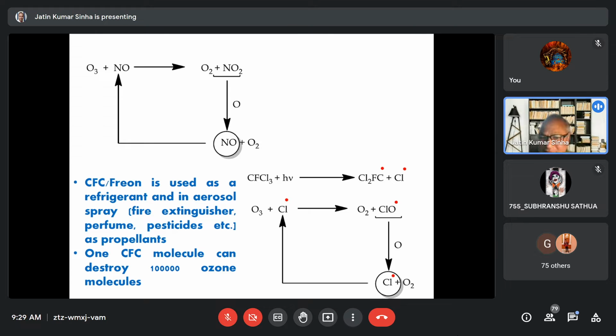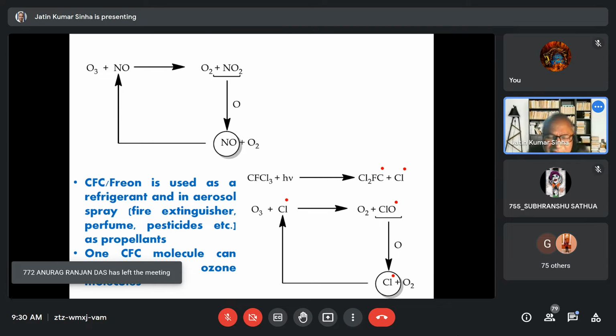Being a cyclic reaction, one molecule would be responsible for the consumption of many O3 molecules. If you compare, one CFC or chlorofluorocarbon molecule can destroy about 100,000 ozone molecules. So in terms of effectiveness, these are harmful radicals, particularly the chlorofluorocarbons.